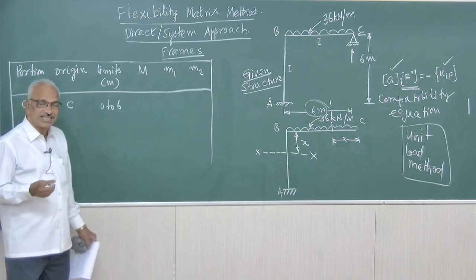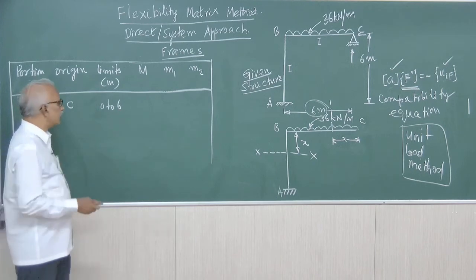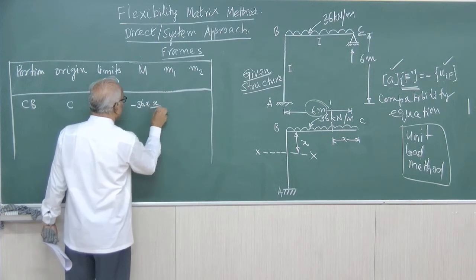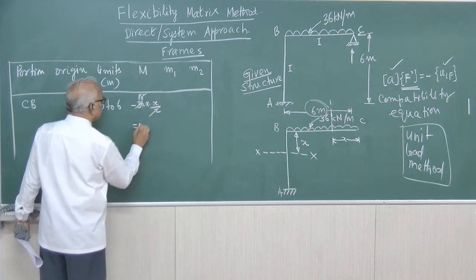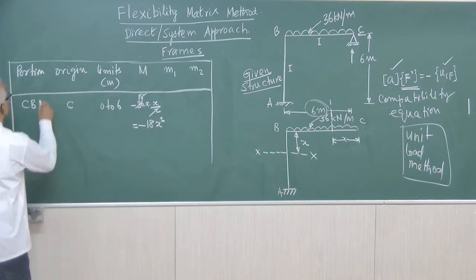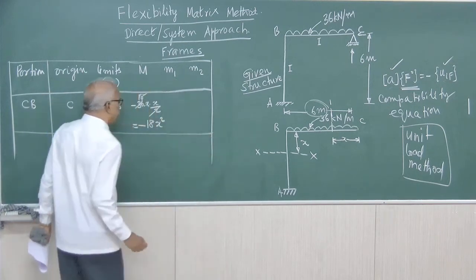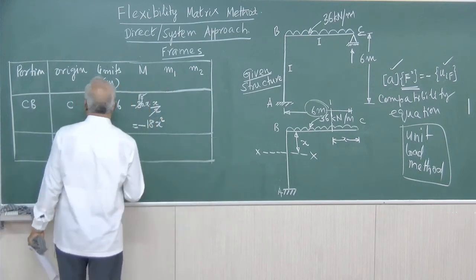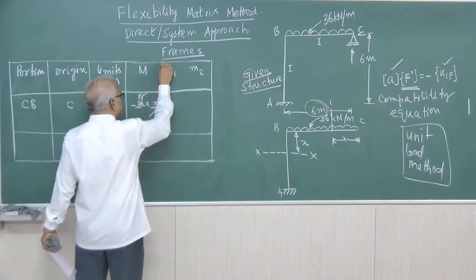This will be a clockwise moment. We know clockwise is negative. Therefore it is minus 36 into x by 2, so cancelling, minus 18 x square. This is Mx.